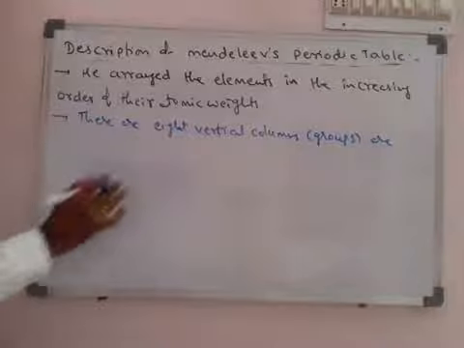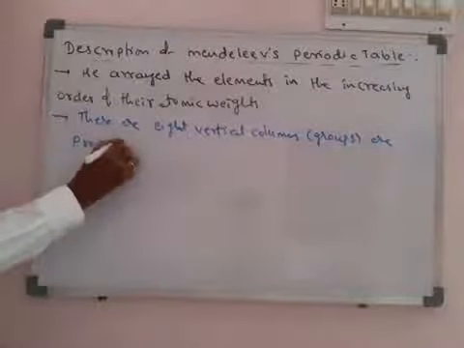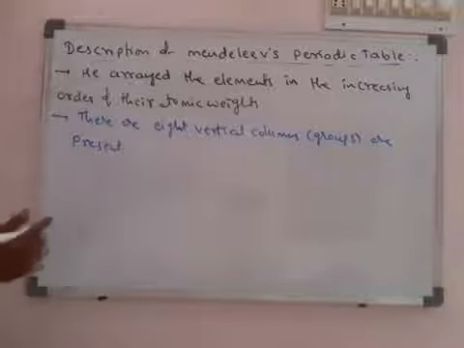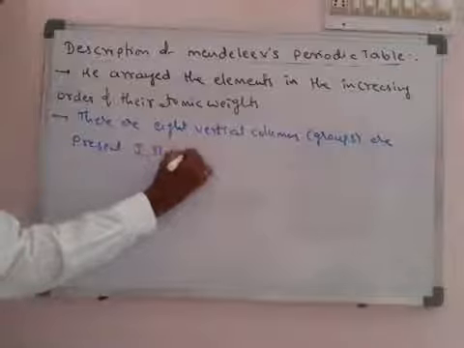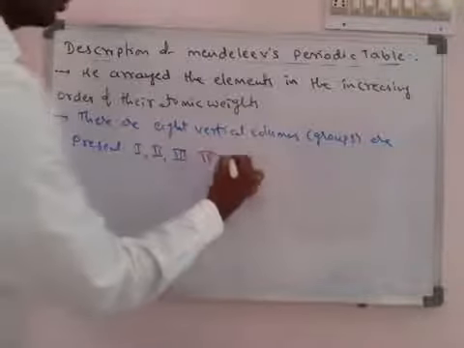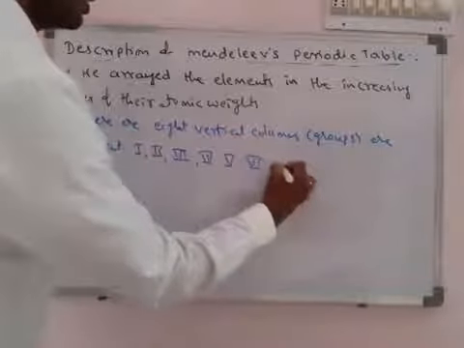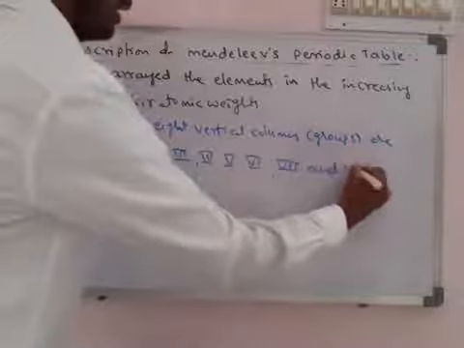And what are the vertical columns? 1, 2, we have to give those names also, okay? 3, 4, 5, 6, 7, and 8.